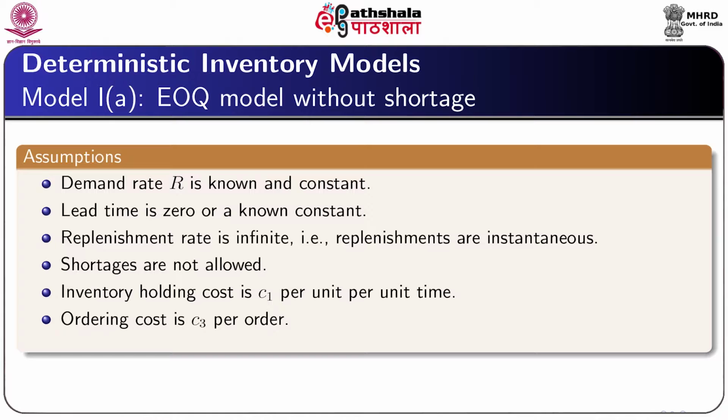The lead time is 0 or a known constant. Replenishment rate is infinite, that is, replenishments are instantaneous, or replenishment time is 0. Shortages are not permitted. Holding cost is C1 per unit time, and ordering cost is C3 per order.